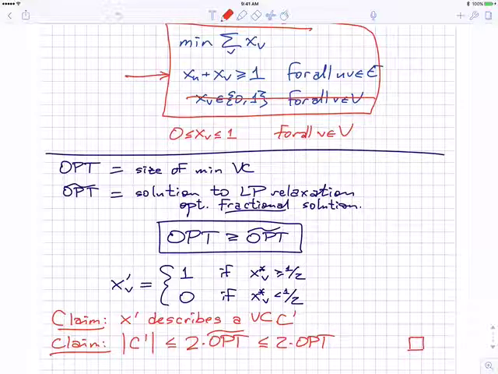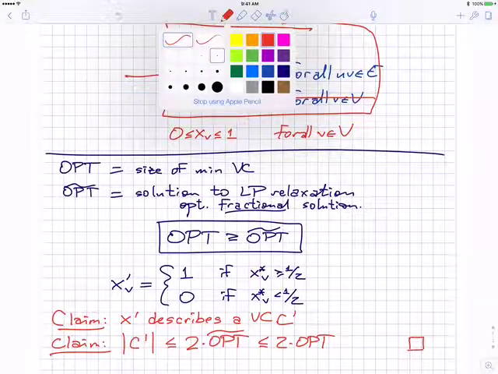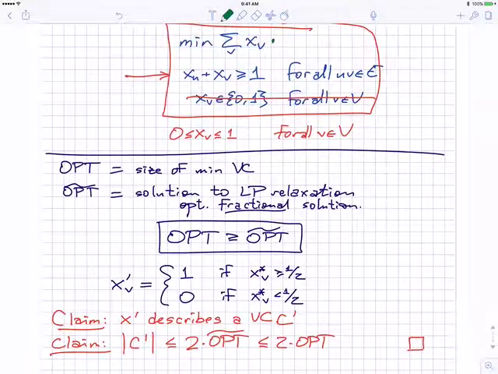But now I'm gonna change the problem slightly. I'm gonna change the problem in a way that the dumb algorithm no longer gives you a 2-approximation algorithm. Which is, I'm going to assign every vertex a weight. And now I want not the vertex cover with the minimum number of vertices, but I want the vertex cover with the minimum total weight.